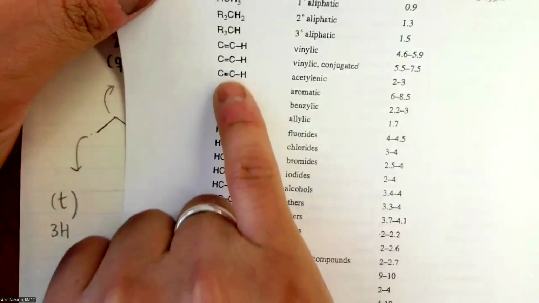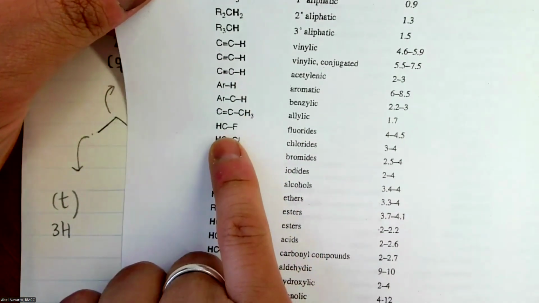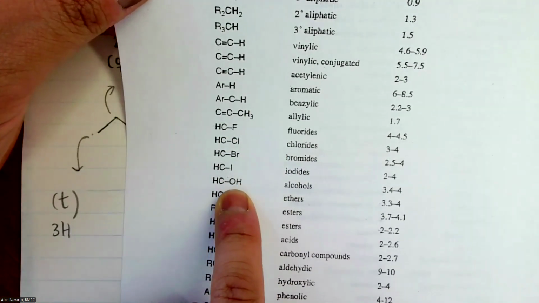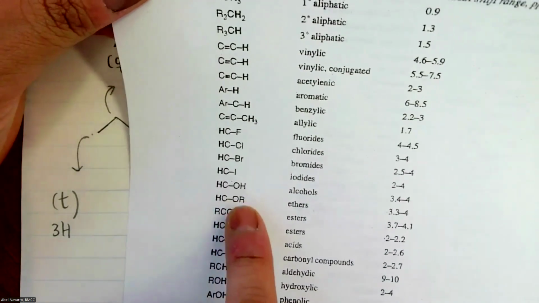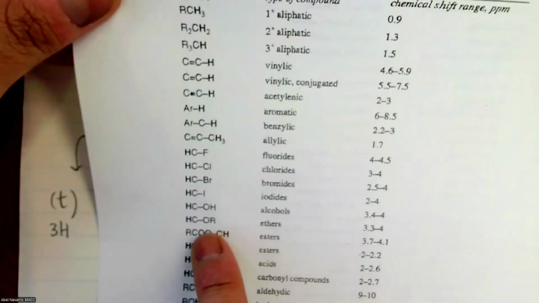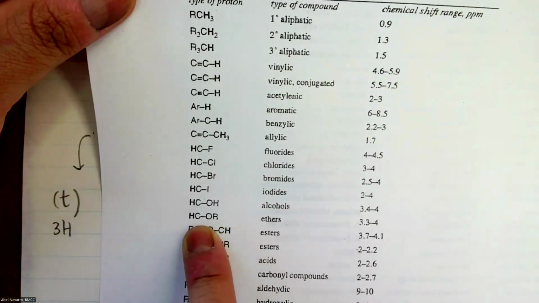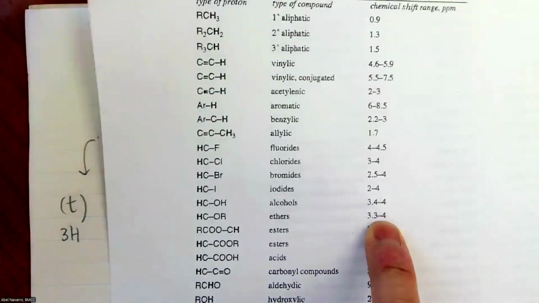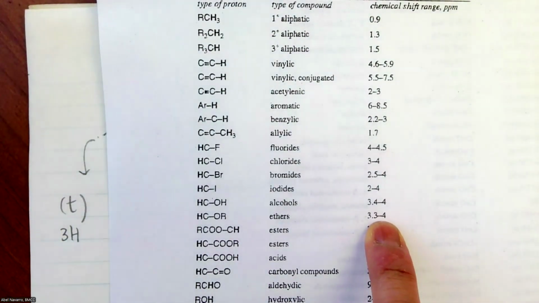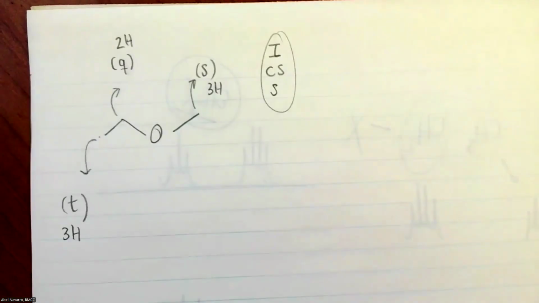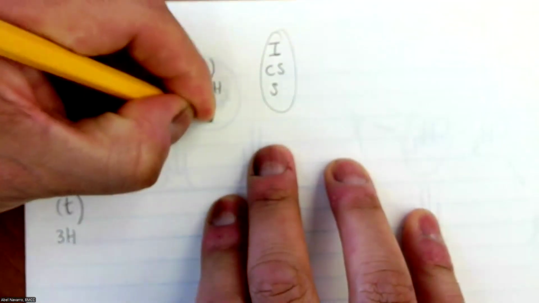CH next to a fluorine. CH next to chlorine. CH next to an alcohol. That's not the case because I'm not next to an alcohol, I'm next to just an oxygen. Here, CH next to an ether: 3.4 to 4. I would approximate it and make it 3.7 ppm.